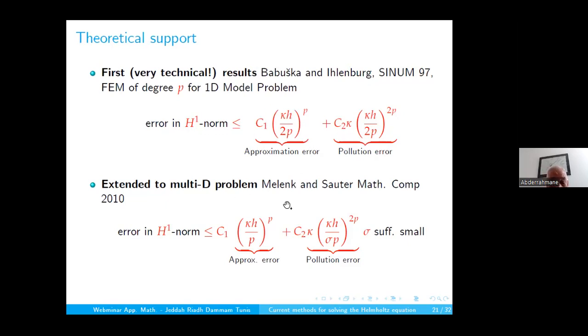And this estimate was extended by Melenk and Sauter to multi-D problems in 2010.